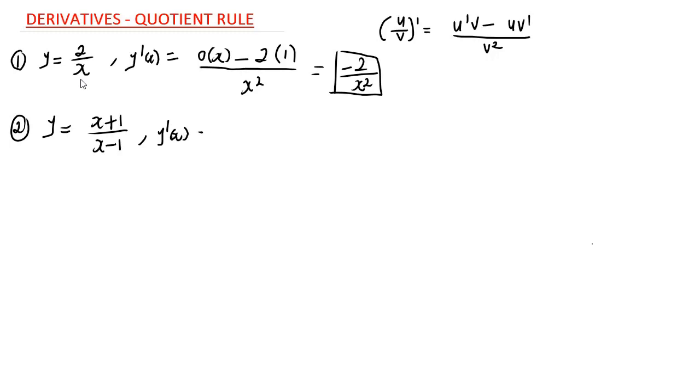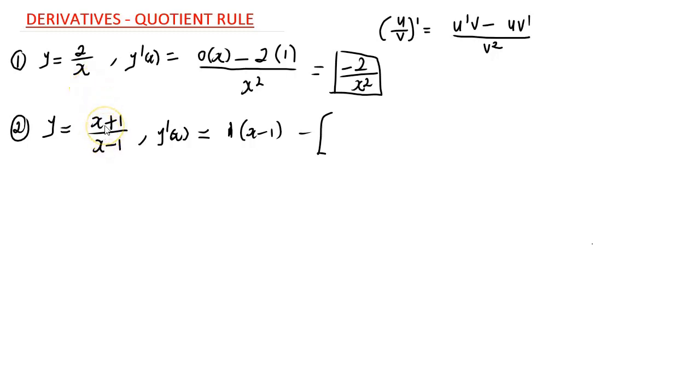So this is y prime of s is equal to. Now it is going to be the derivative of the top function. So the derivative of s plus 1 is going to give us 1. Then multiplied by v, which is the bottom function. So this is s minus 1. Then minus u.